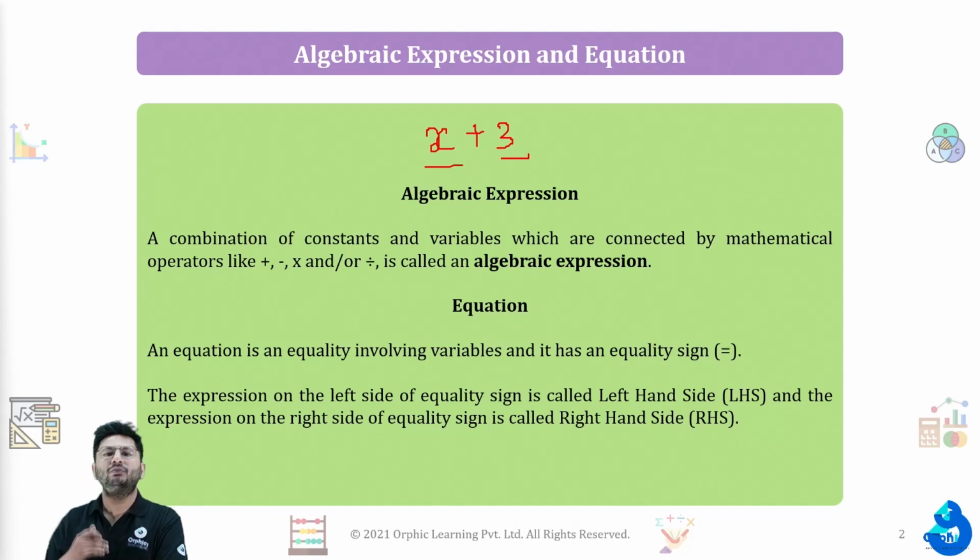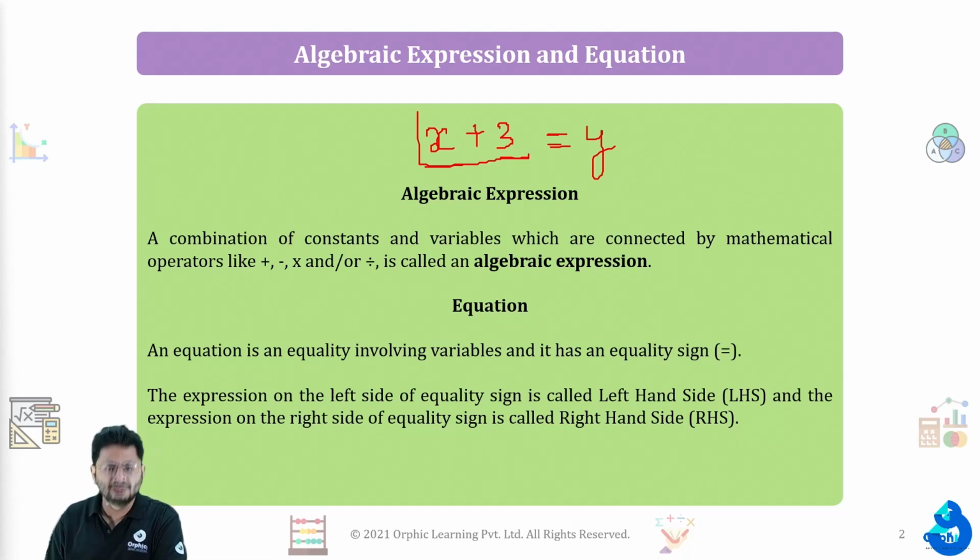Now, if we move forward towards an equation, we'll apply an equal to sign. When there is an equal to sign along with the RHS, that is, in this case, let's say it is equal to y. So when there is an equal to sign along with an LHS and an RHS, that is the left hand side and the right hand side, then it is called an equation.